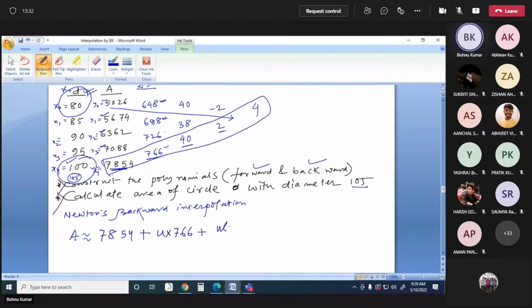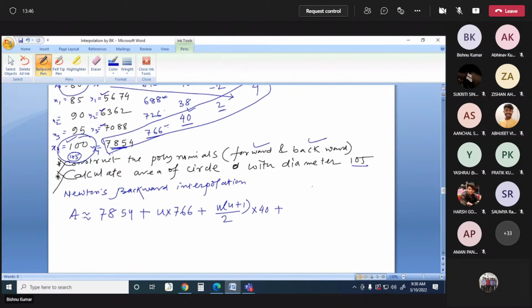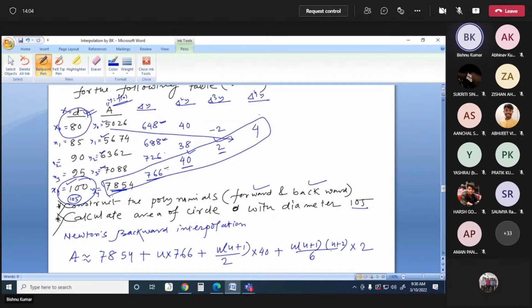Then u plus 1 by factorial 2, multiplied by grade square yn, which is 40. Then the next term is u plus 1, u plus 2 by factorial 3, factorial 3 is 6, into grade cube yn, which is 2, and the last value is 4.